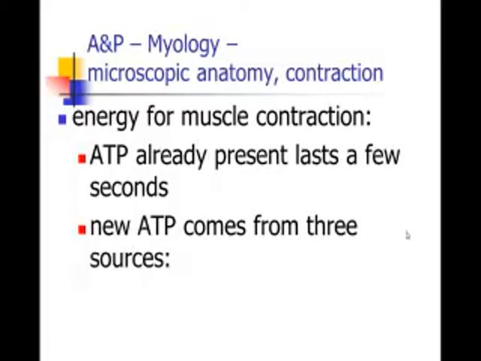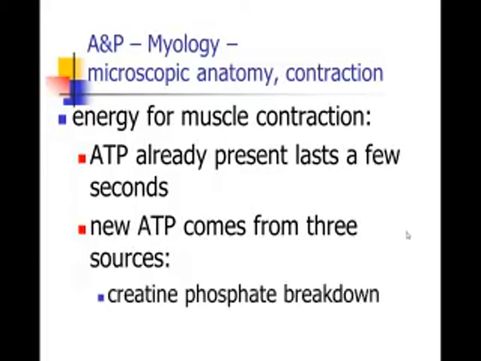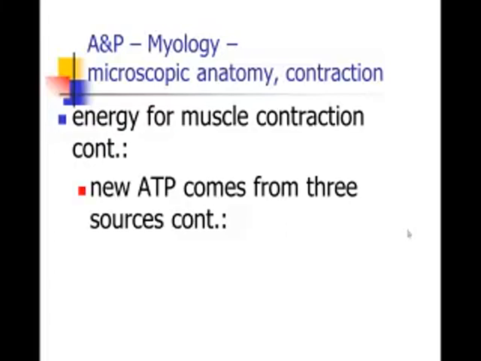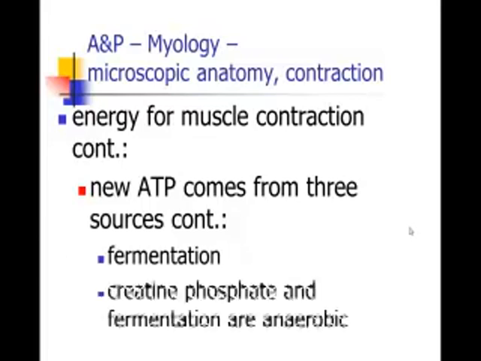So they come from three sources: creatine phosphate breakdown, and we'll talk a little bit more about those; cellular respiration. We're not going to go into a lot of detail about cellular respiration. We'll talk about it a little bit. And then fermentation is the third way that you can generate ATP.